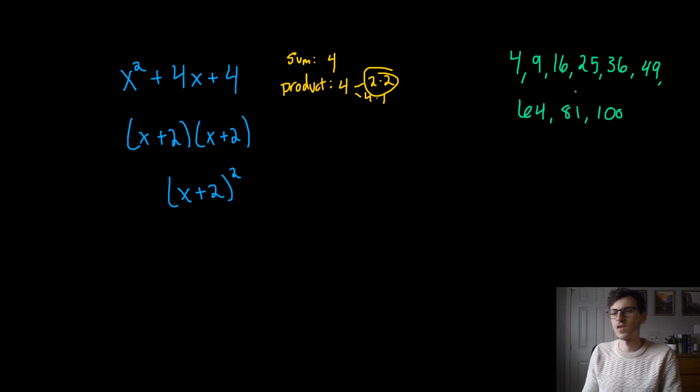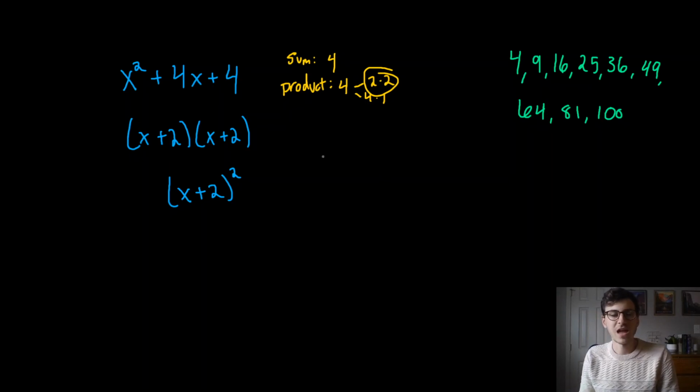Probably those are the ones that we'll be looking for the most often. But if you see one of those numbers, then that should key you off and think about, okay, is this the sum of whatever the square root of this is? So since 2 times 2 is 4, well, 2 plus 2 is 4 as well. And that'll key you off that this is an x plus 2 squared.